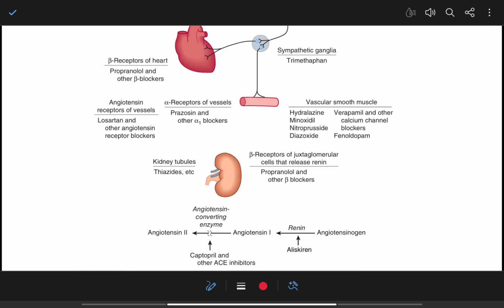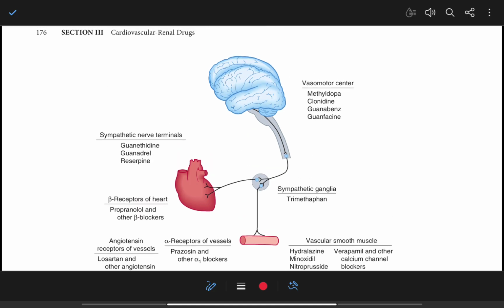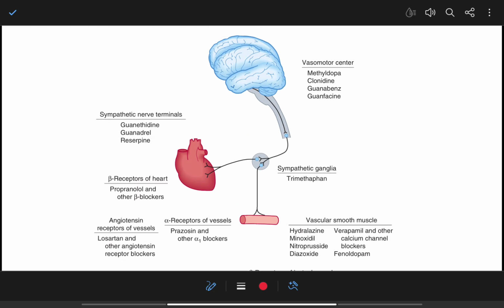Now, this diagram summarizes everything. So this is the brain, right? Then this is your sympathetic ganglion. These are your sympathetic nerves. Any drug acting from this brain down to the ganglion, down to the innervated organs, is called a sympathoplegic agent.